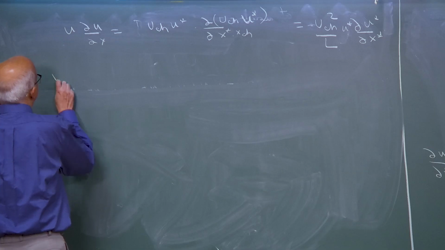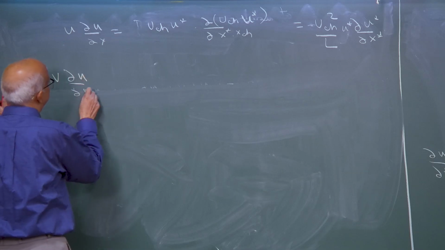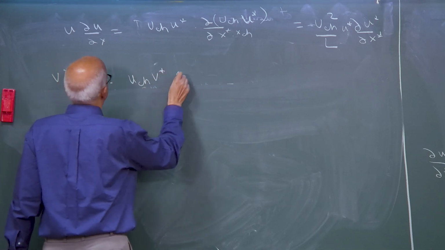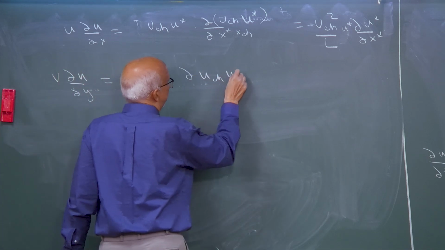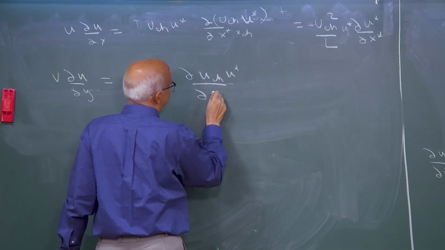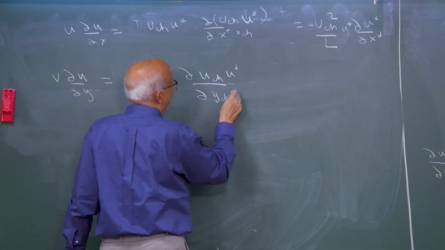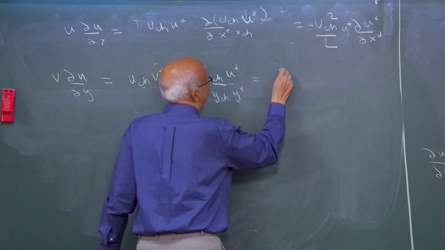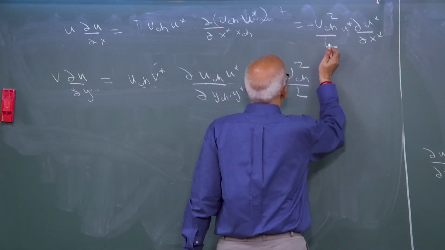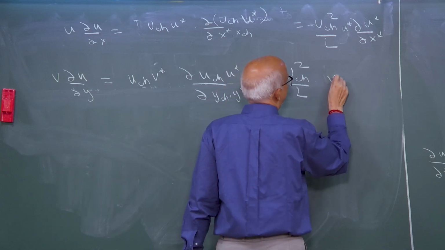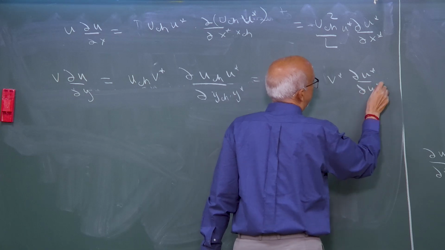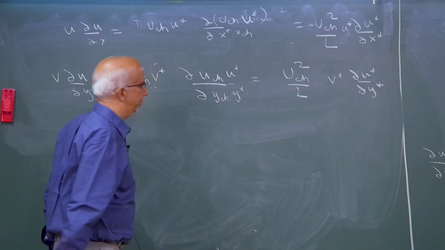Similarly, v du by dy can be written as u characteristic v star times d u characteristic u star by d y characteristic, and y characteristic and x characteristic are the same, so u characteristic squared by L times v star du star by dy star, okay.